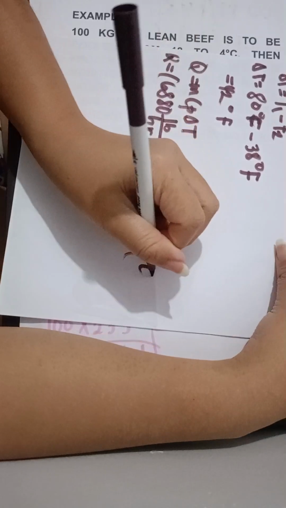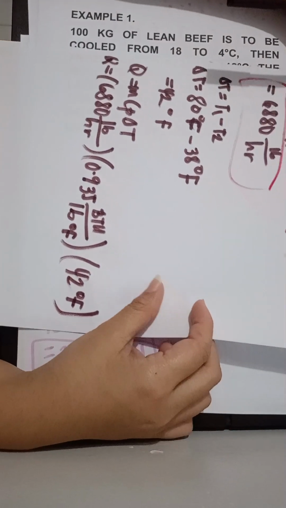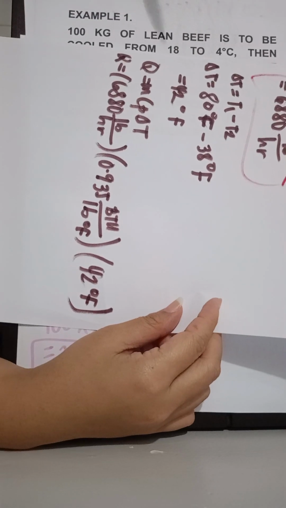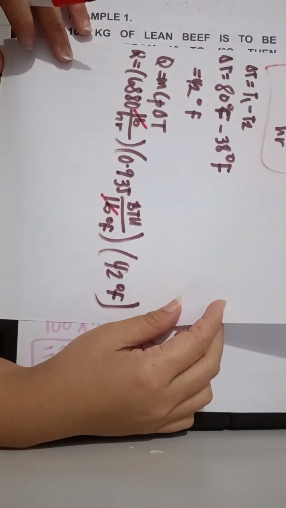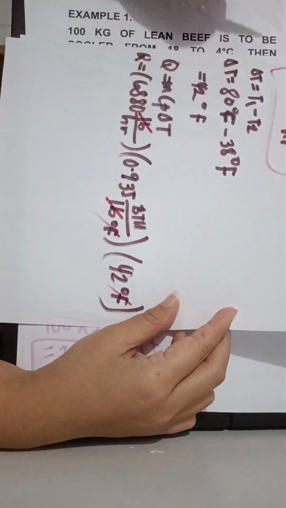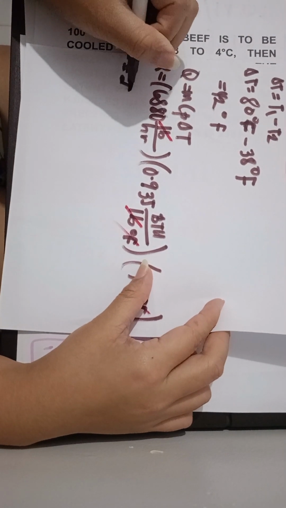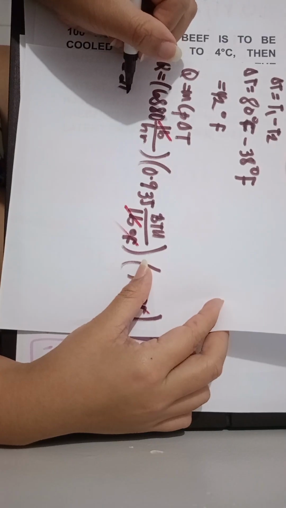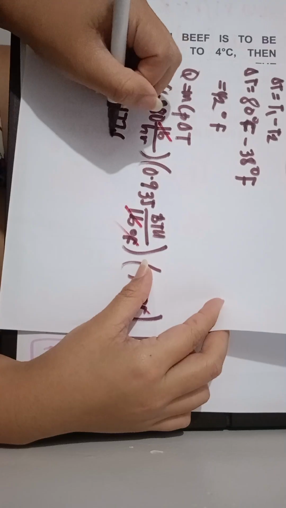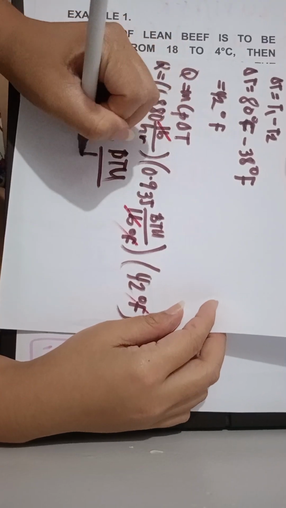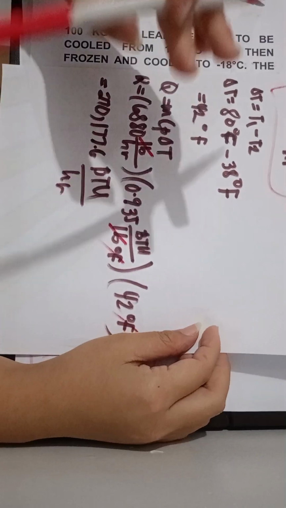And then, multiplied ulit siya sa 42 degree Fahrenheit. So, magka-cancel lang siya. Cancel tong LB and then this Fahrenheit. So, our answer will be 270,177.6 BTU per hour, since BTU per hour yung natira here. As you can see here, ito.